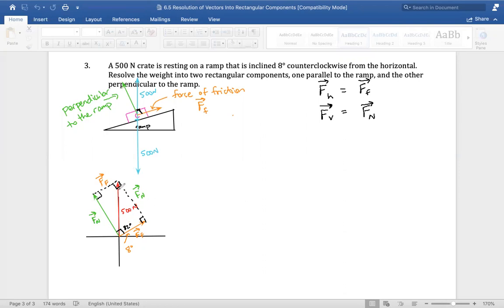So again, I have one of the sides, and if I chose this triangle, 90 degrees would be the hypotenuse side. I'm trying to figure out the other sides, the horizontal and vertical sides. And so how many angles can I get? I've got 90, I have 8, I have 82.